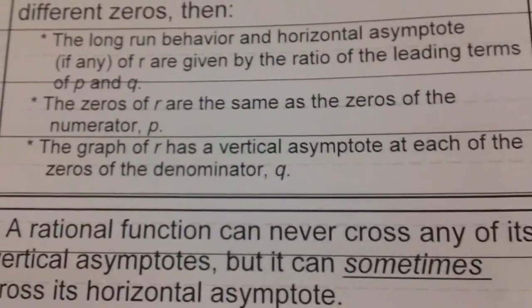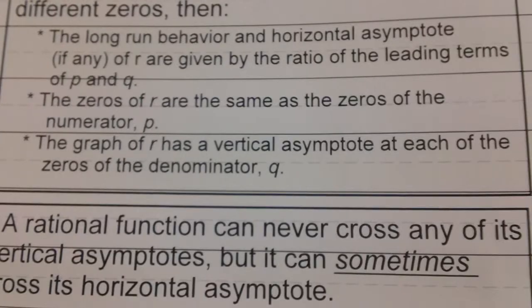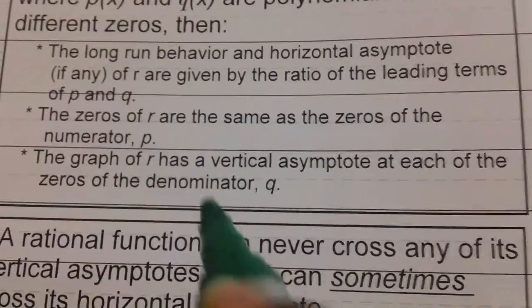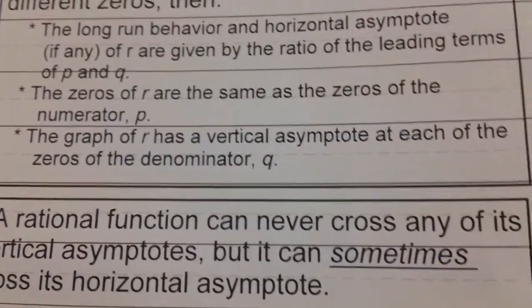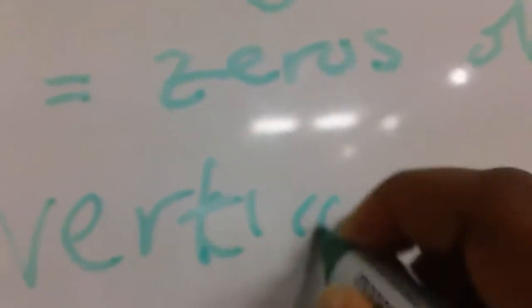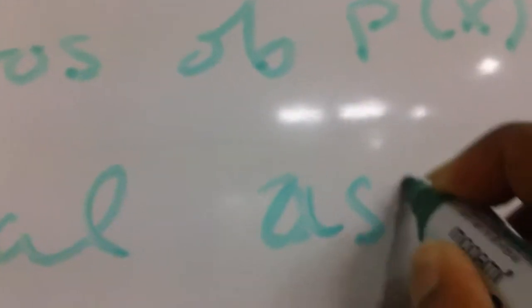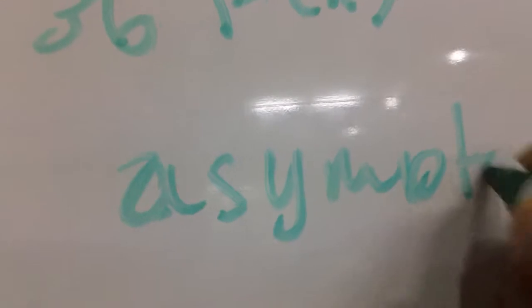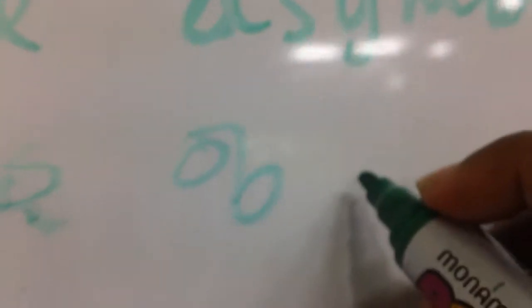The third thing we talked about last video was to find the vertical asymptotes. Well, remember, to find the vertical asymptotes, we find the zeros of the denominator polynomial. So if the denominator polynomial has zeros, that will give you a hint for the rational function's vertical asymptotes.